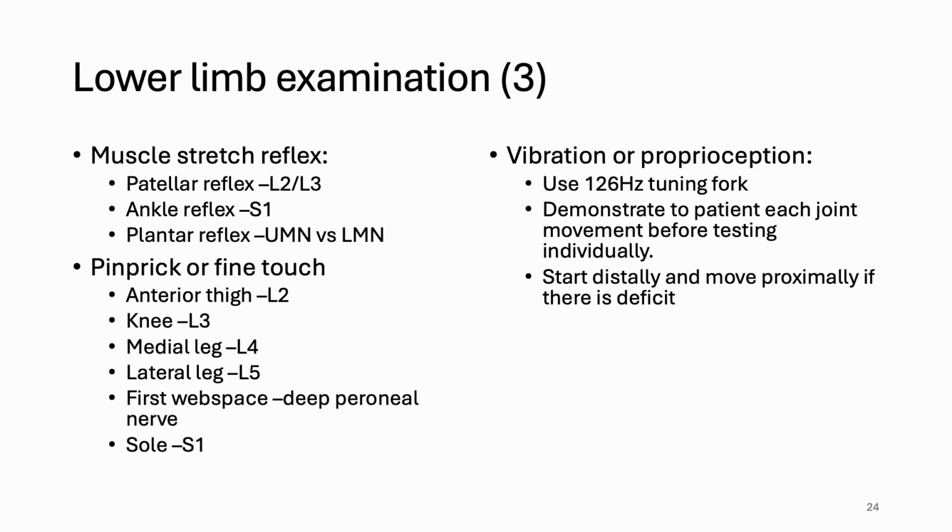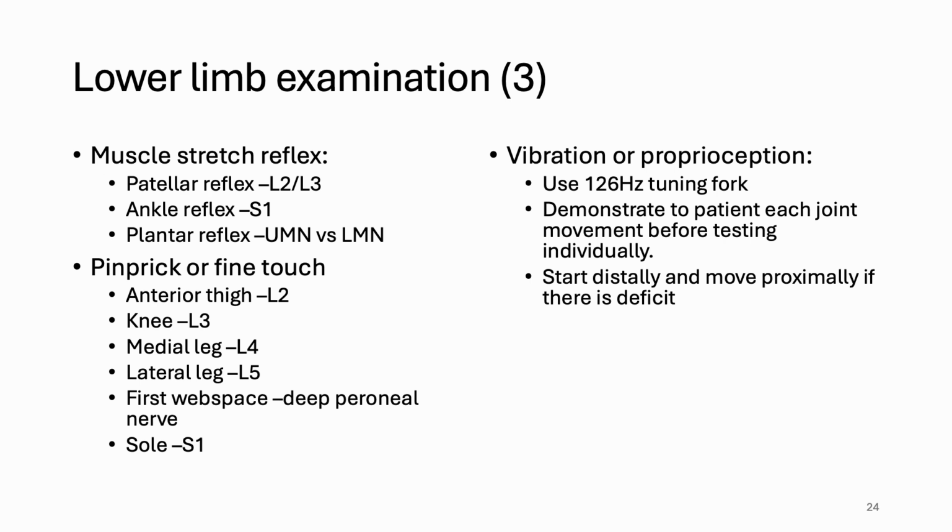The third motor component of lower limb examination comprises muscle stretch reflexes to be checked at the patellar reflex, commonly known as knee jerk, ankle reflex, and plantar reflex, which can differentiate between upper motor neuron and lower motor neuron lesions. Having completed the motor examinations, you would proceed with checking the sensations.